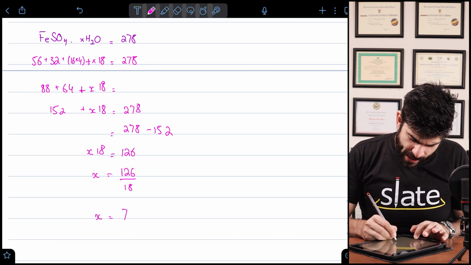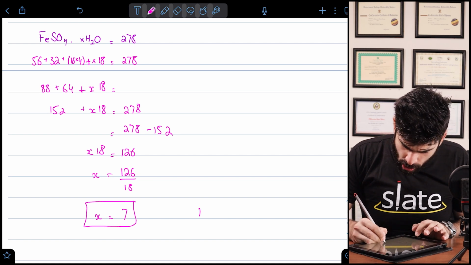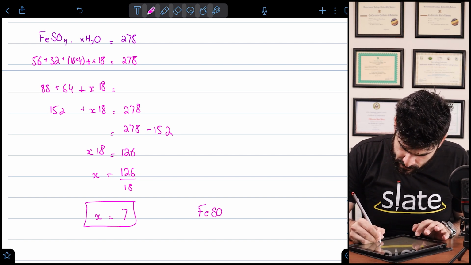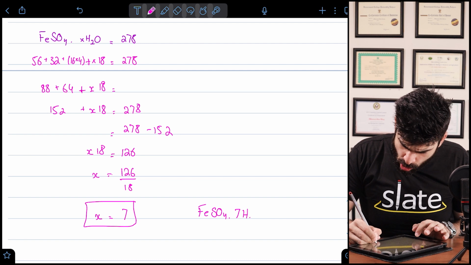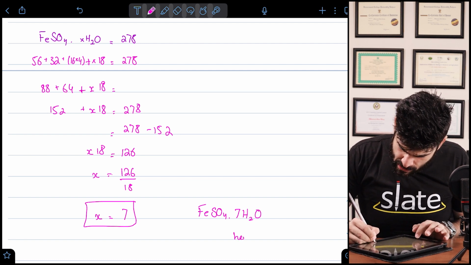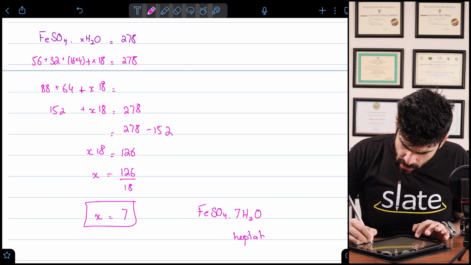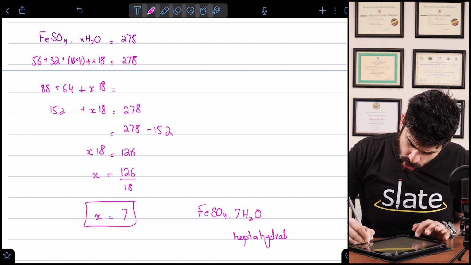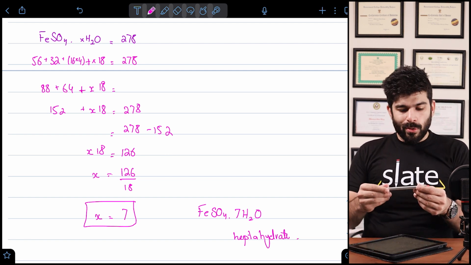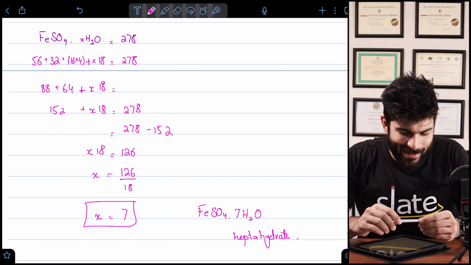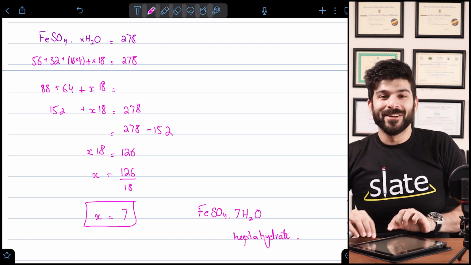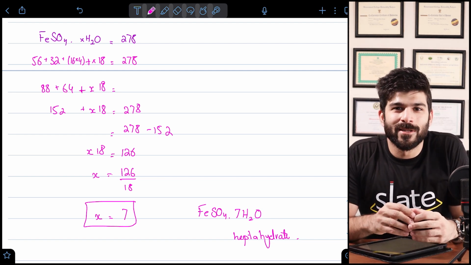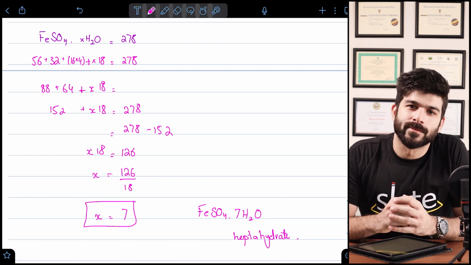So the value of X is 7. The salt is iron sulfate 7H2O. That means heptahydrate.